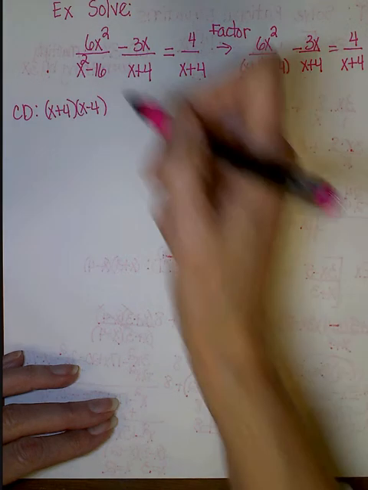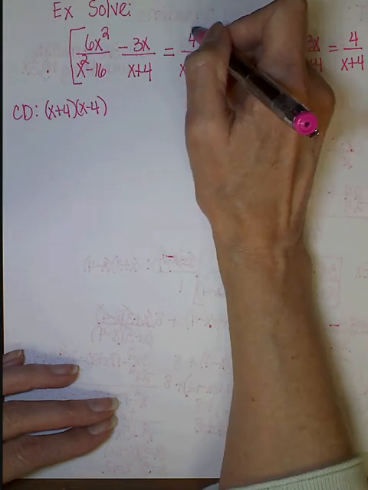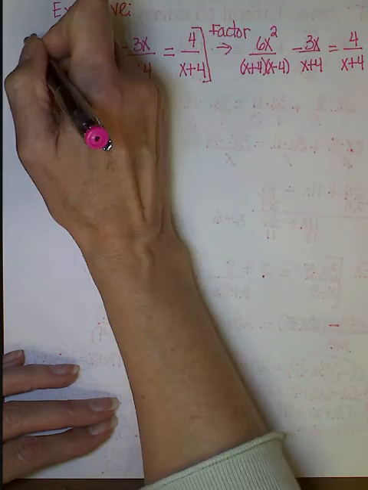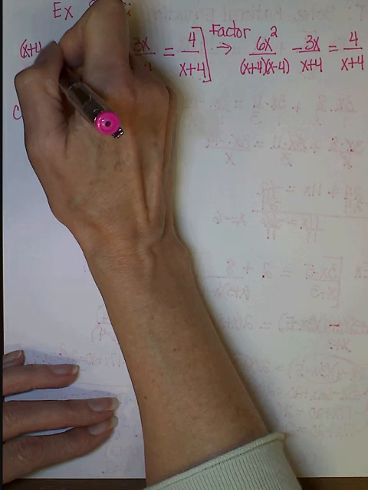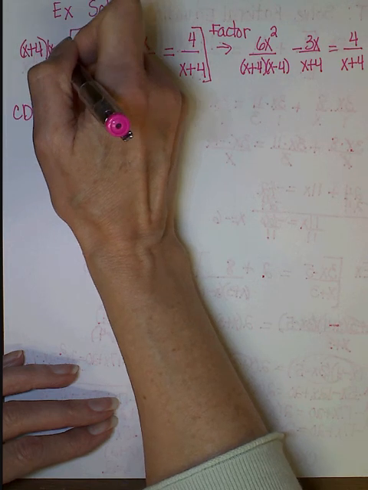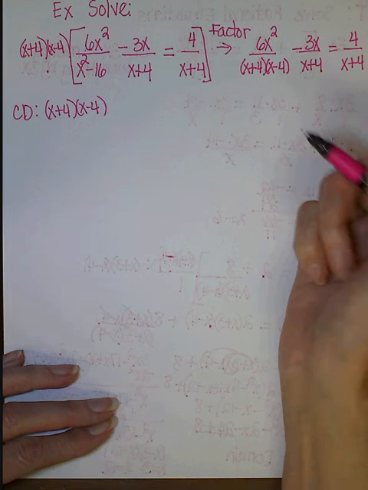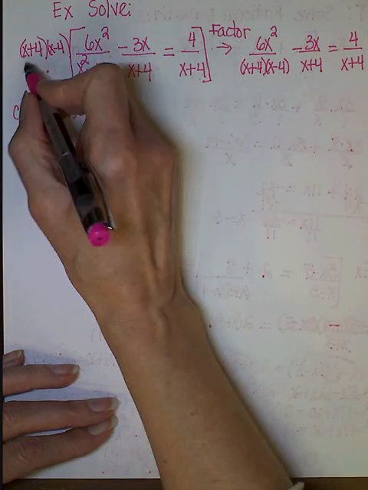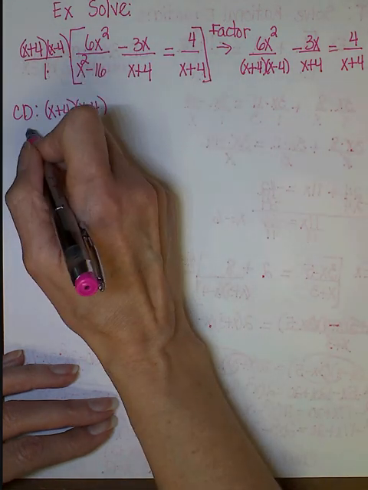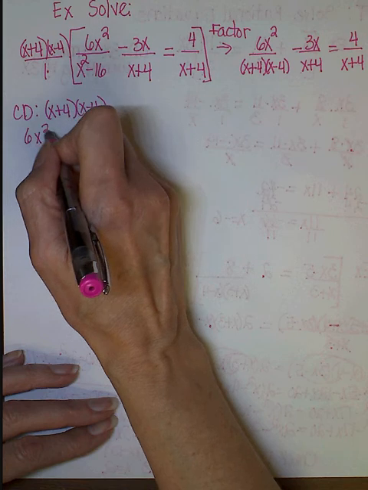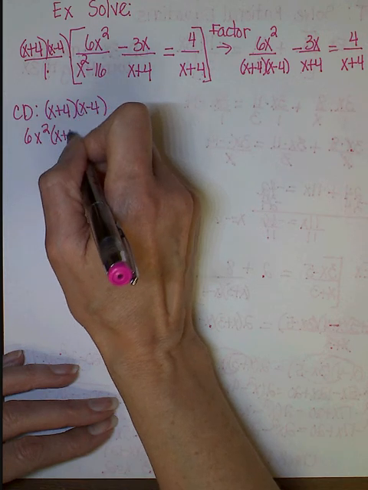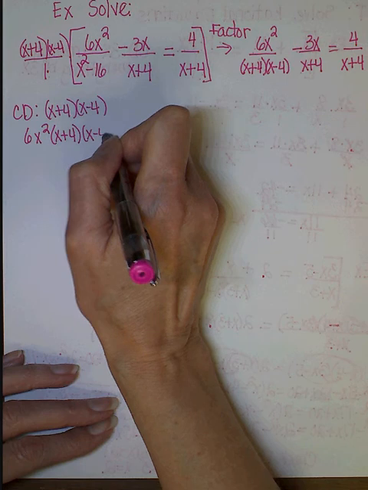Alright, so now we're going to multiply everything by that x plus 4, x minus 4. Okay, so when I do that with the first term, I would get 6x squared times x plus 4, x minus 4.